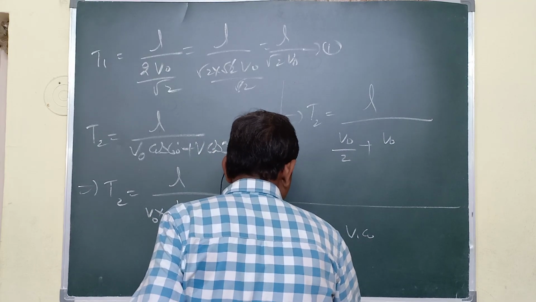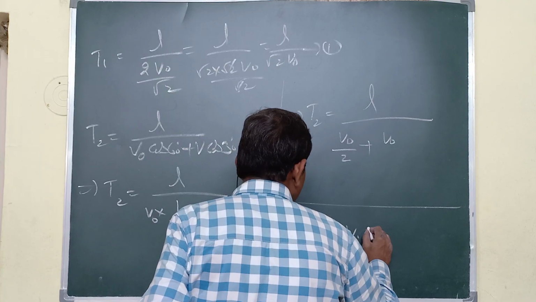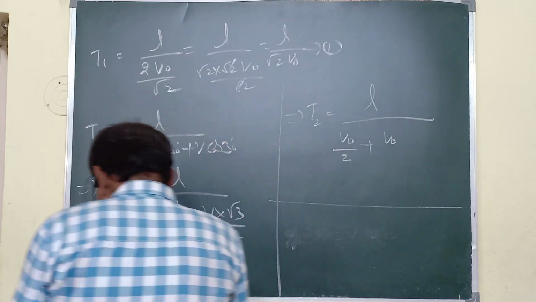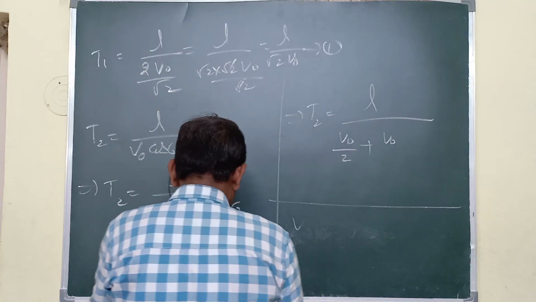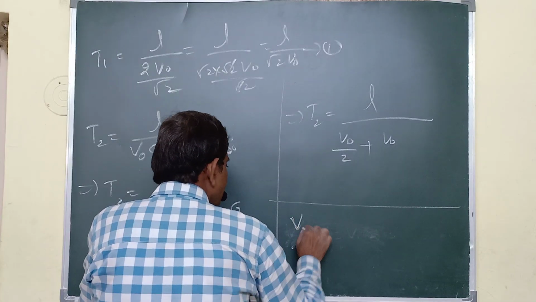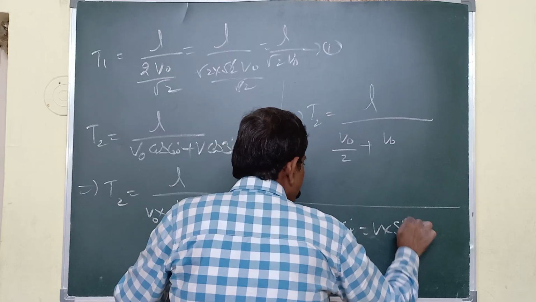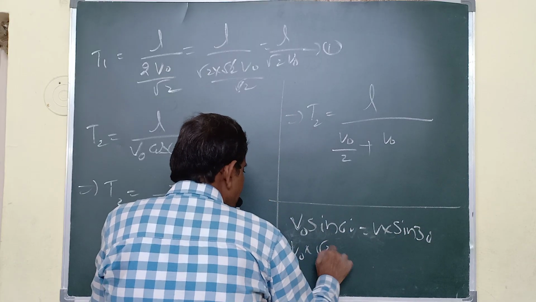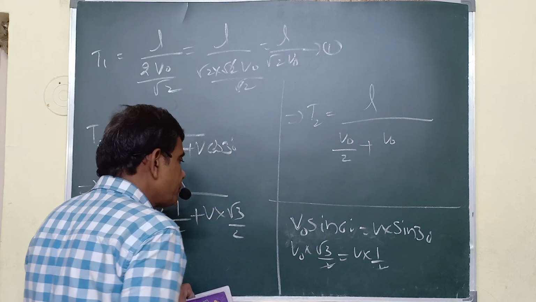So V naught sin 60 equals V sin 30. From that condition we had got one relation. What is that relation? V naught sin 60 equals V into sin 30. Sin 60 is root 3 by 2. So this is the relation.